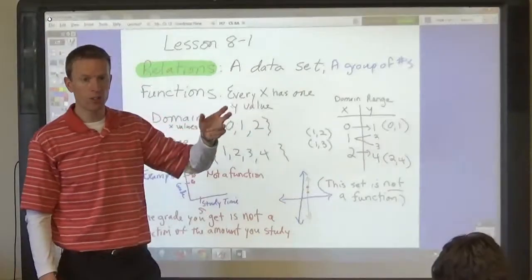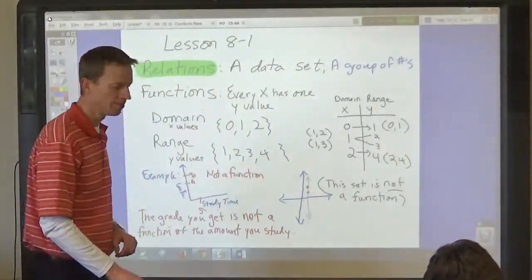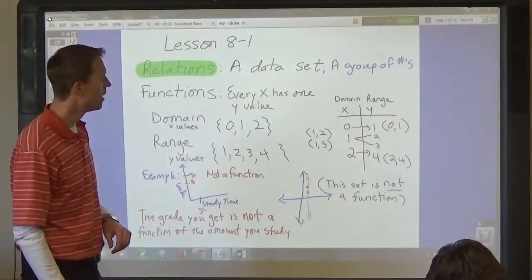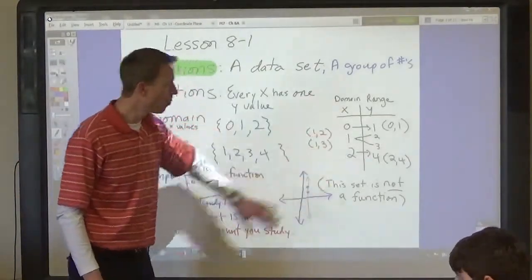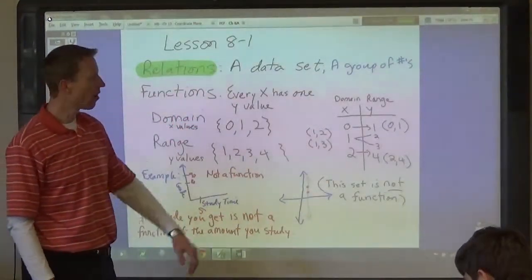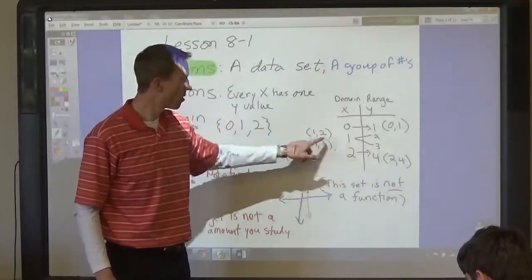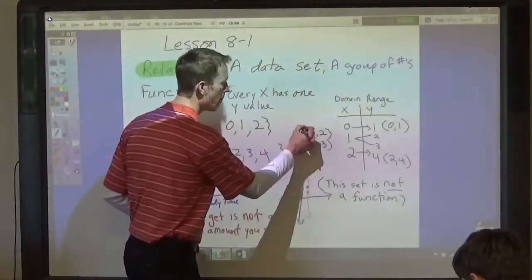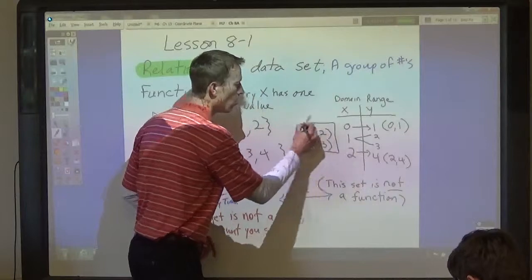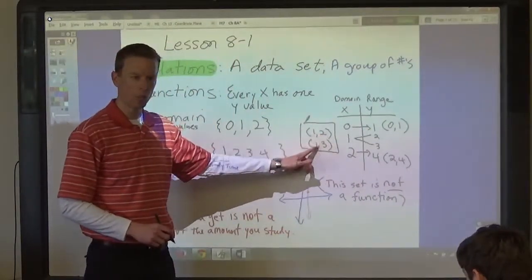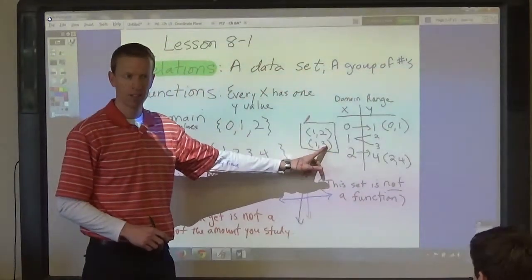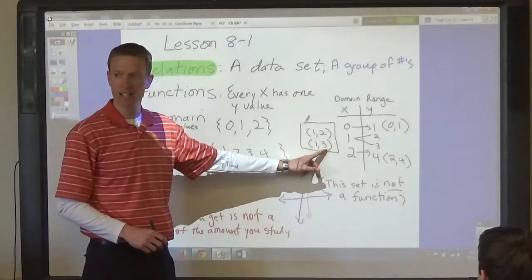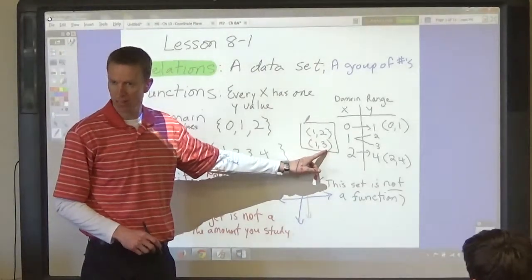If an x value repeats in the relation, in other words, if you look at the set of points and there are 2 1s. You see this example right here? 1 goes with 2 and 1 goes with 3. This shows you this set is not a function.